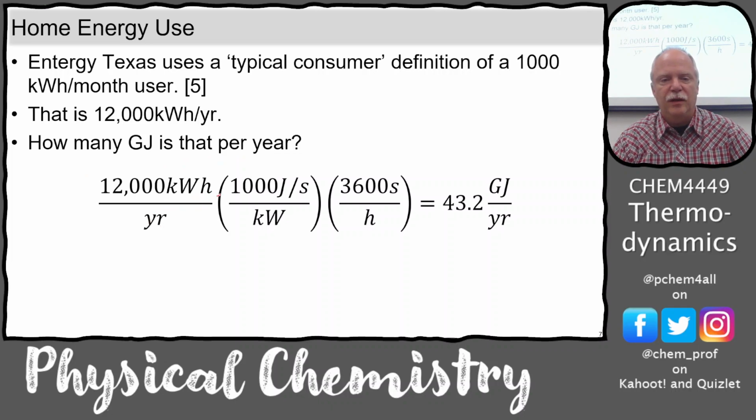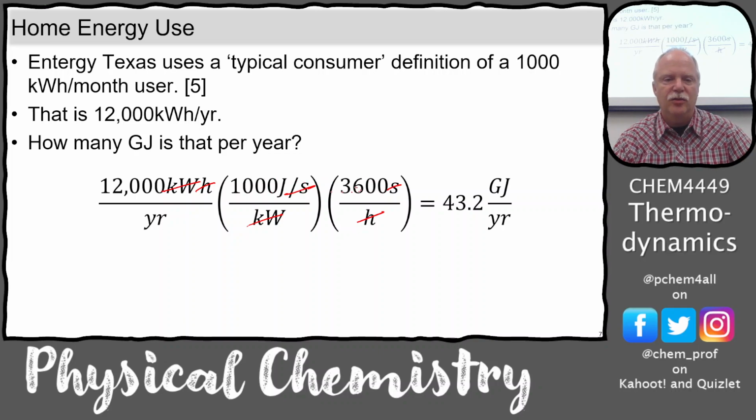We want to get rid of the watts and hours and so on, and get to joules. So again, a kilowatt is a joule per second, or 1,000 joules per second. And so we've canceled the kilowatts, and we've canceled the hours. It's 3,600 seconds, and then the seconds cancels the per second there.